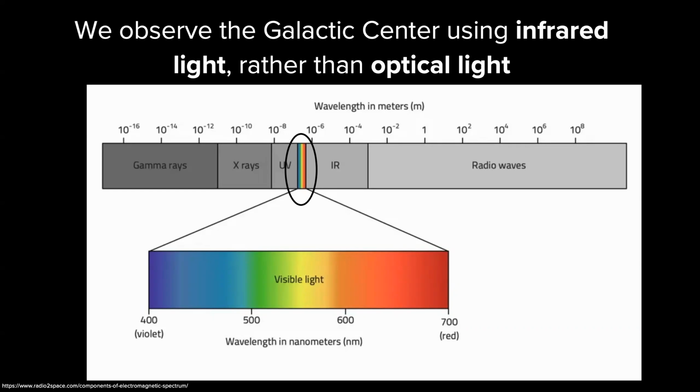For example, when you go to the doctor and receive X-rays, the doctor is taking an image of your body using X-ray light over here in order to see your bones. When you listen to a car radio, your radio antenna is receiving information from radio light, which is over here. So infrared light is just another part of the electromagnetic spectrum.